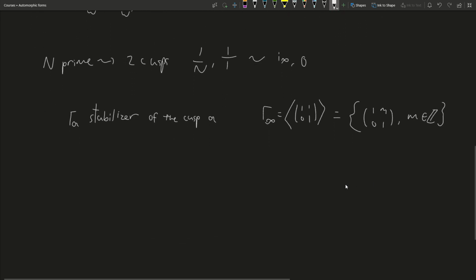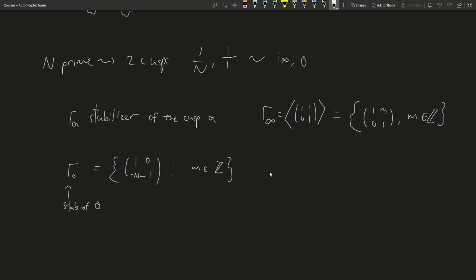And for n prime, the stabilizer of the cusp 0 is, it's sort of unfortunate here, not gamma naught as in gamma naught n. Just, you know, this is the whole thing. And here, what you can do is take this to be the group. So you can check that this stabilizes the cusp at 0.